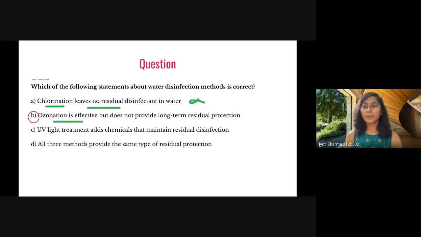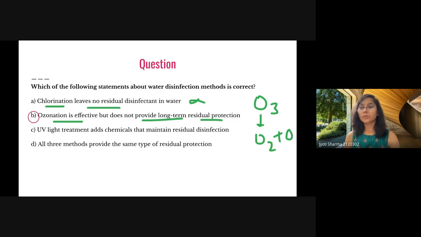Ozonation is effective, yes. Ozonation is one of the advanced disinfectant methods, but it would not provide long-term residual protection, because ozone is very short-lived, and it breaks down into O2 and O. This is a very short-term species that we will have after ozone breakdown, right? And that's why this is not for the long term.